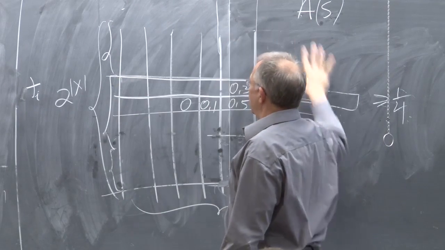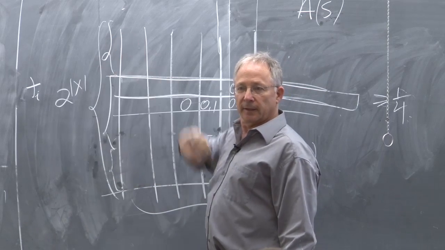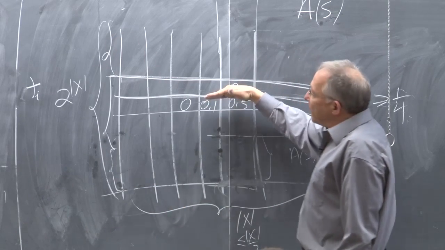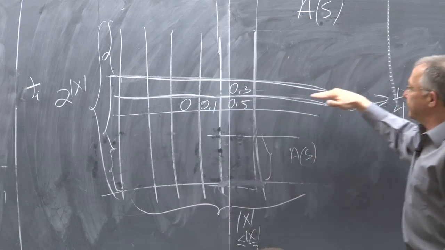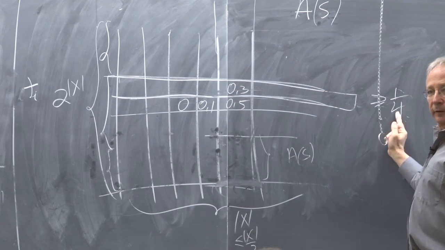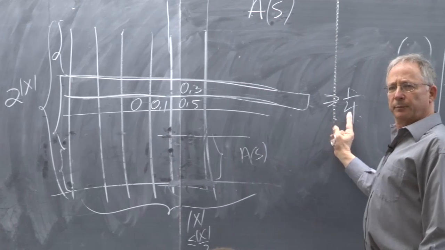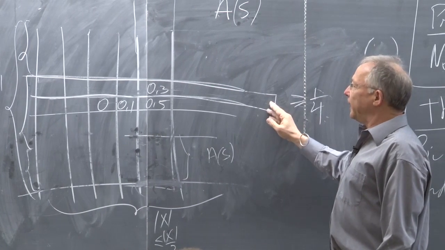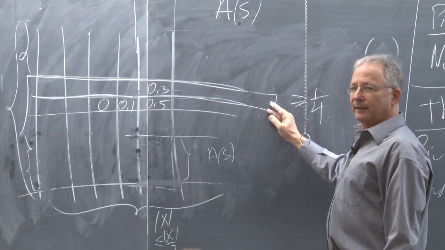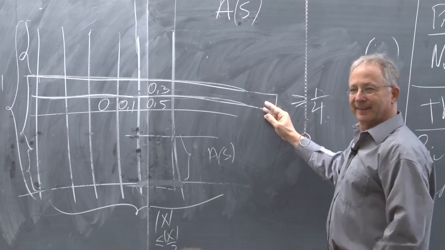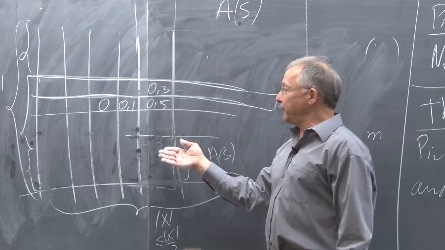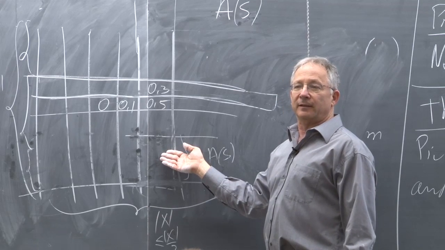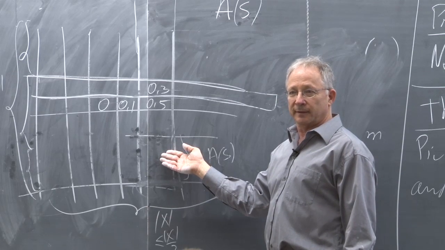So the average of the whole matrix is at least a quarter. So we know that there must be a row that has average at least a quarter. Now you're asking what happens if I have one row which is really bad. It has average error 1, and all the other rows have average error 0, and I'm very happy if I'm in any of the other rows. That's what you ask? Yeah.